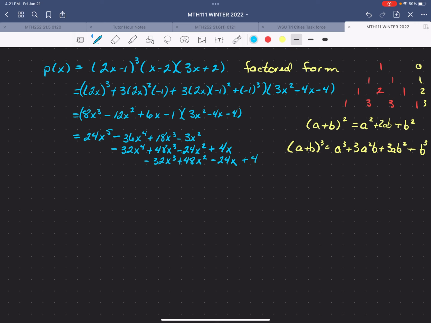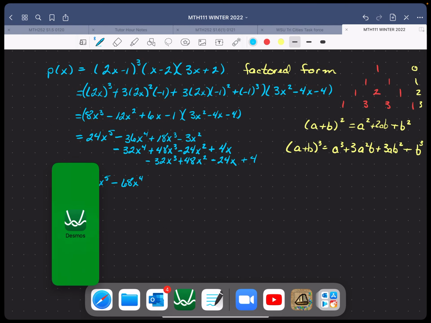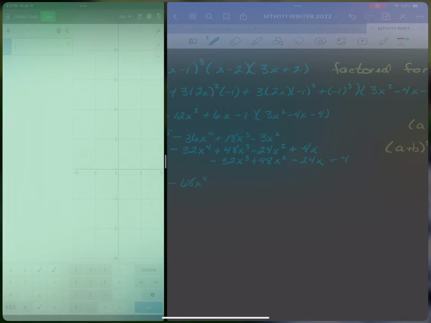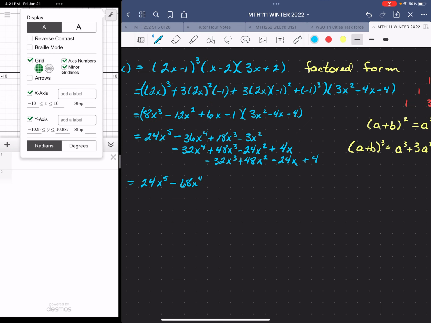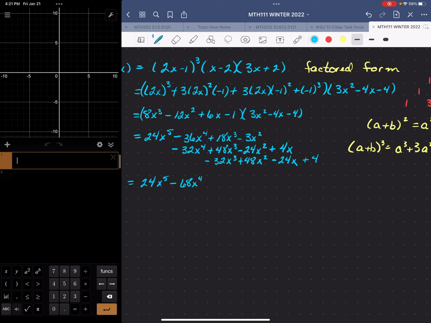Now I need to add up all my like terms. So this will be 24x to the fifth minus 68x to the fourth. And let's get a calculator out so I do that arithmetic correctly. 18 plus 48 minus 32 is 34x to the third.